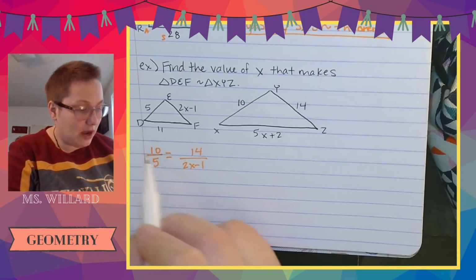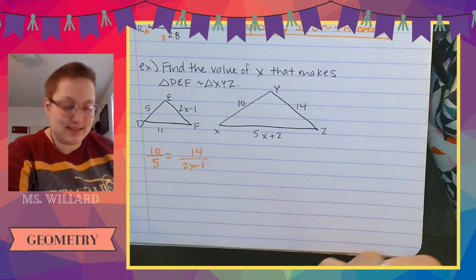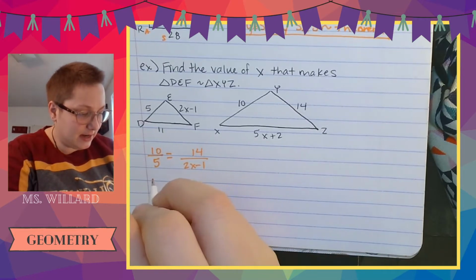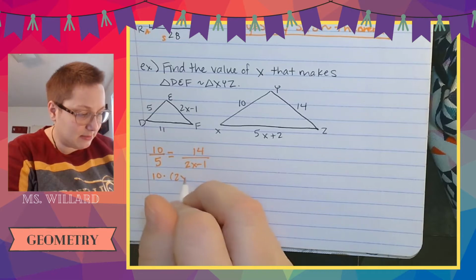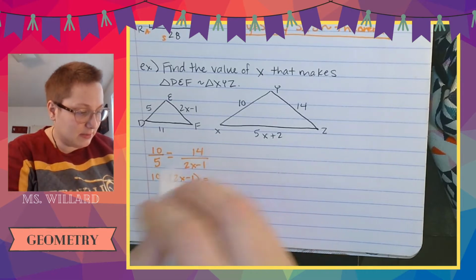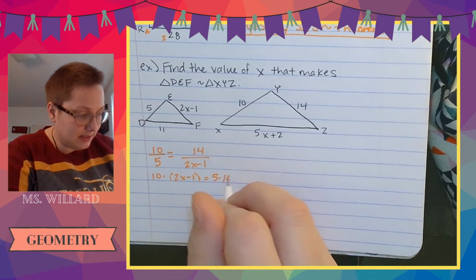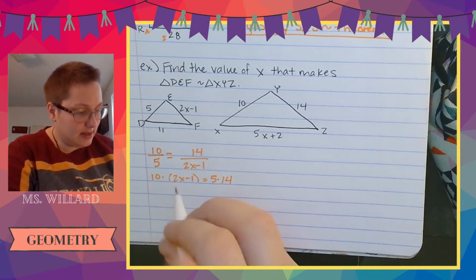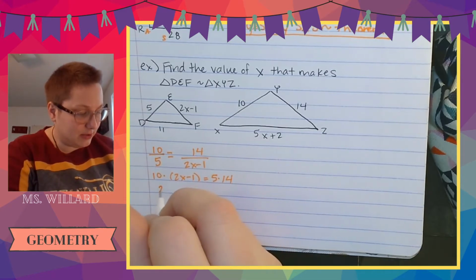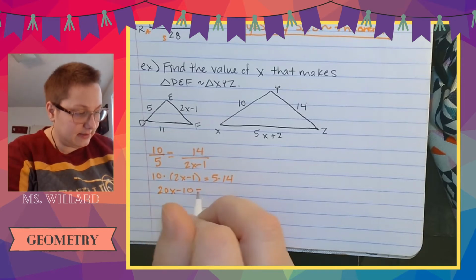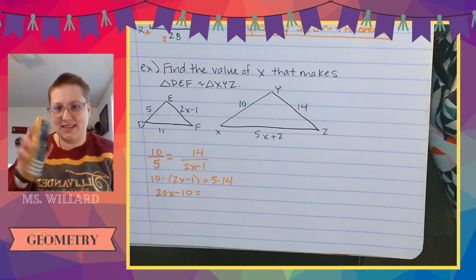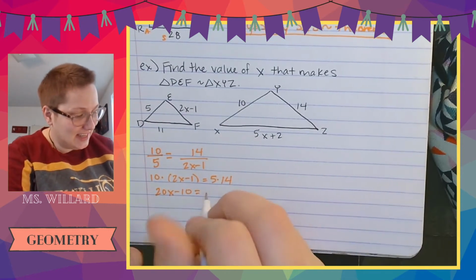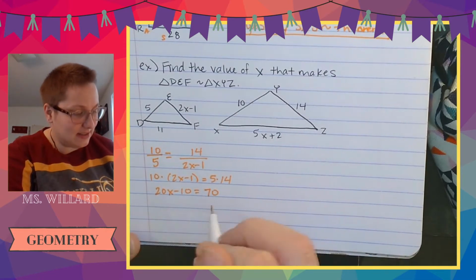I'm going to cross multiply and divide like I did last time. Cross multiplying here, I get 10 times 2x minus 1, and here I get 5 times 14. 10 times 2x minus 1 is 20x minus 10, and 5 times 14 is 70. So 20x minus 10 equals 70. I can solve this like normal.